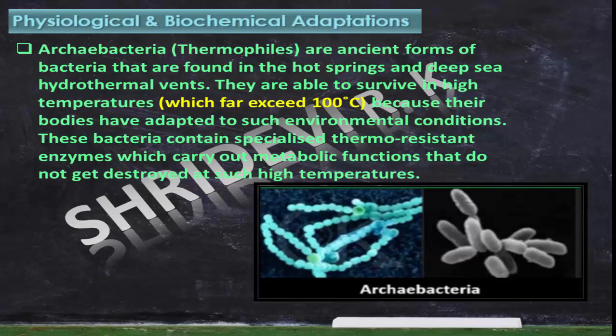The archaebacteria are the oldest bacteria, and further they are divided into three groups such as thermoacidophils, halophils and methanogens. Particularly thermophils or thermoacidophils are the group of bacteria which are able to survive in high temperature areas where the temperature exceeds more than 100 degrees Celsius.